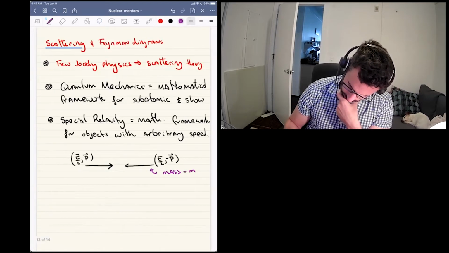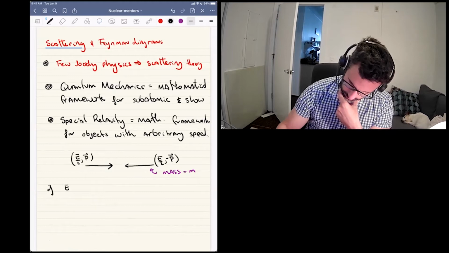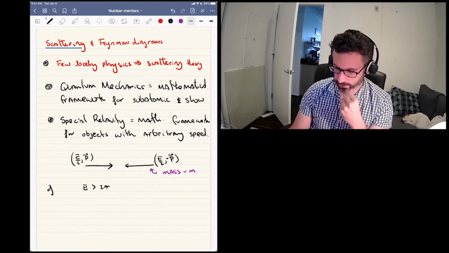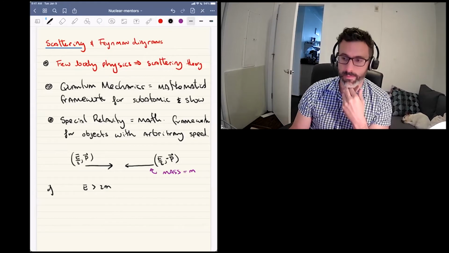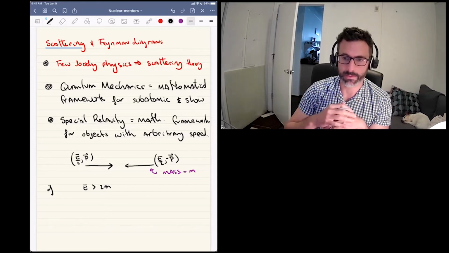So if E is greater than 2m, right? So I need the energy of the system to be higher than the mass of the two particles because they're moving in general with some non-zero momentum, right?